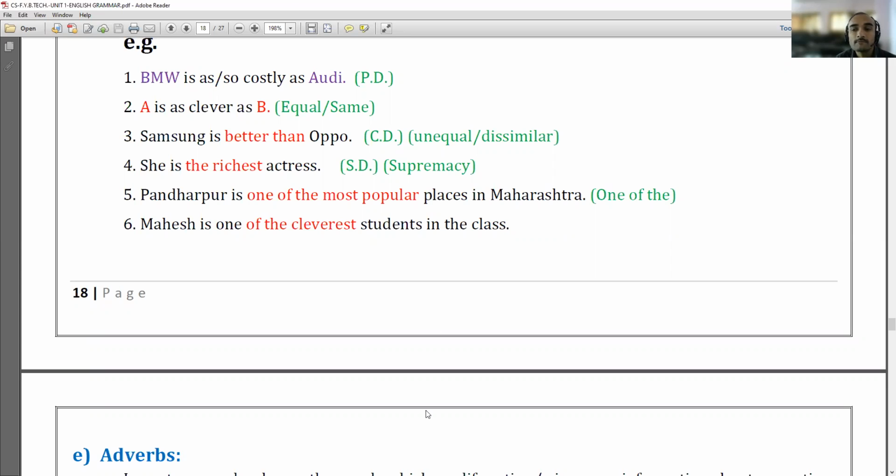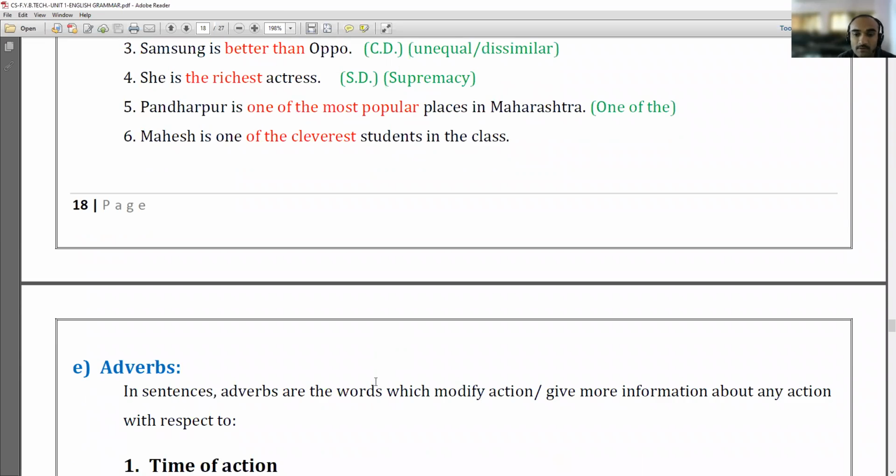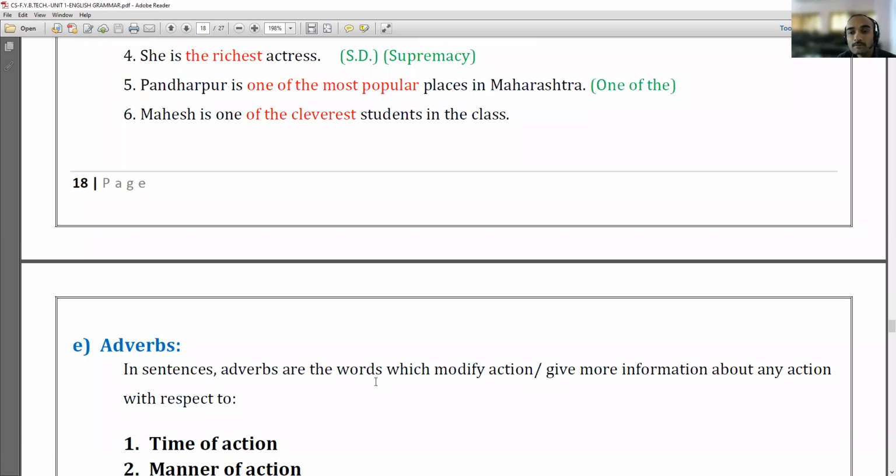Okay, adverb is the word which gives more information about action. But we can give another definition of adverb also, like adverb is the word which gives more information about action or verb, adjective and adverb in the sentence.